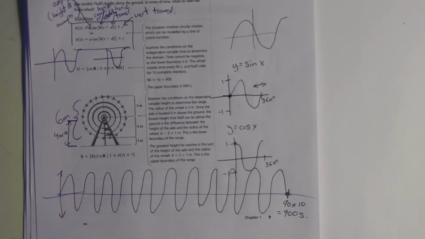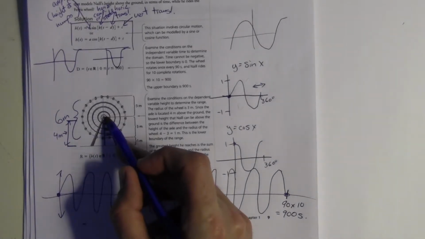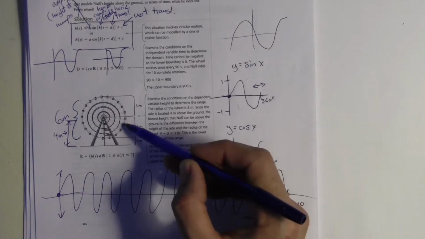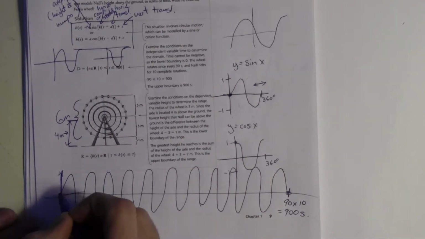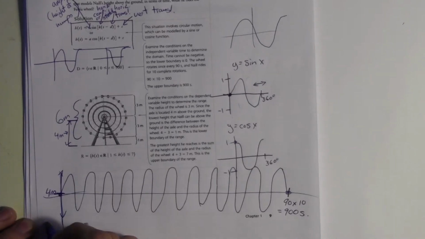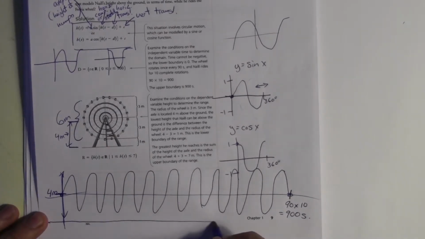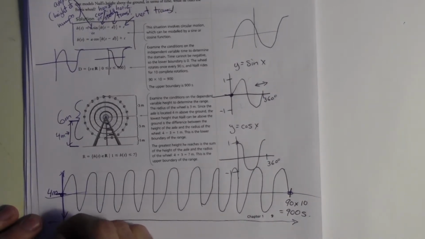Actually, let's fill in a few more things. The middle of the Ferris wheel, we've already determined, is 4 meters off the ground. So this would be 4 here, 4 meters, and our 0, 0 is down here. Okay, so here's 0, 0.